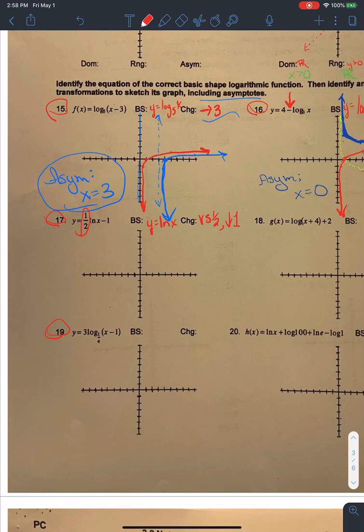Okay, I'm going to start with my basic shape. My basic shape is always the same thing. We have this traditional look. You may absolutely use your calculator to do this basic shape part, just type it in your calculator and it will graph that for you.